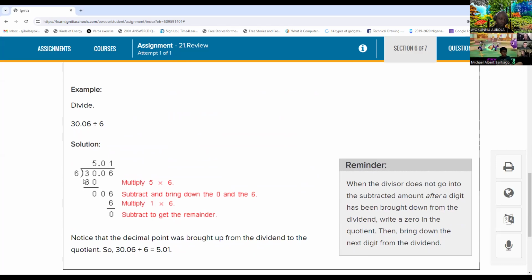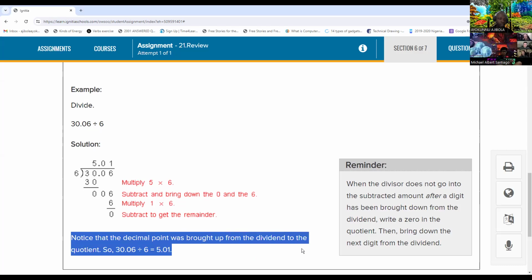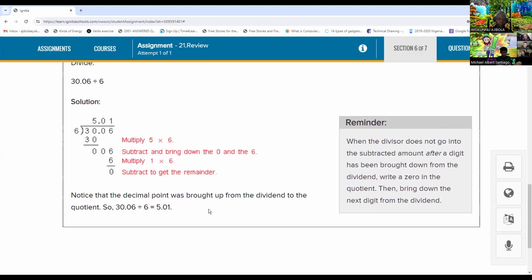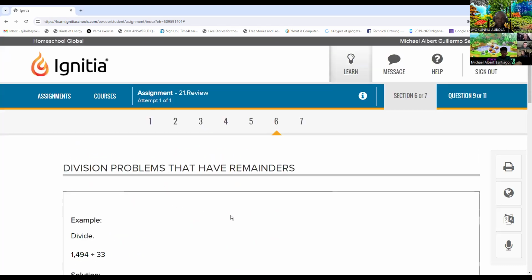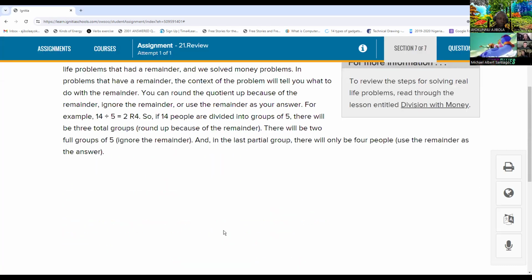Then bring down 6. 6 in 6 is 1. 1 times 6 is 6. 6 minus 6, that's 0. Is that clear? Yes. So notice that the decimal point was brought up from the dividend to the quotient. So the answer is 5.01. Okay? Yes. Good.